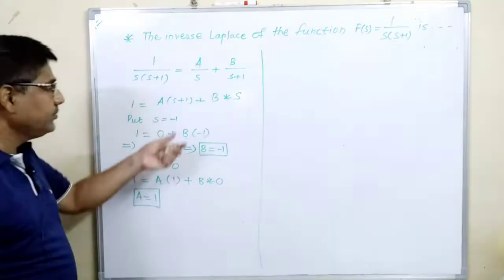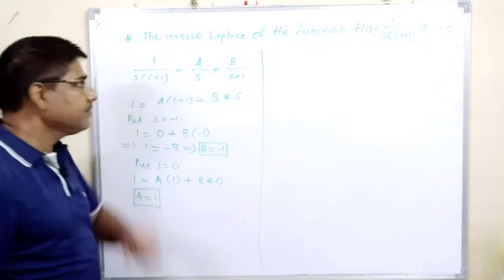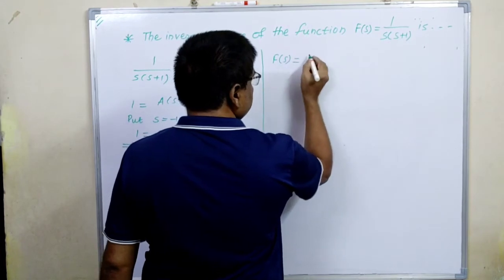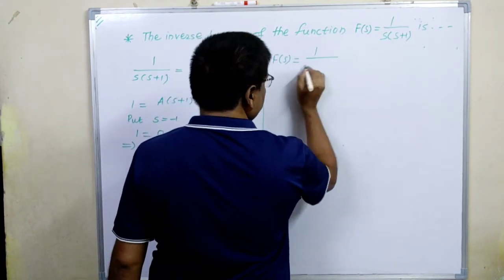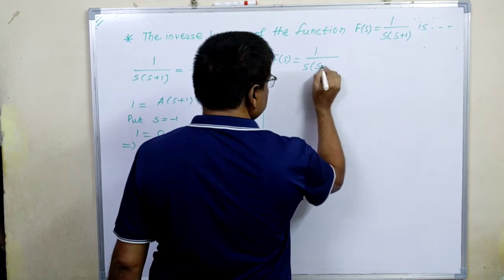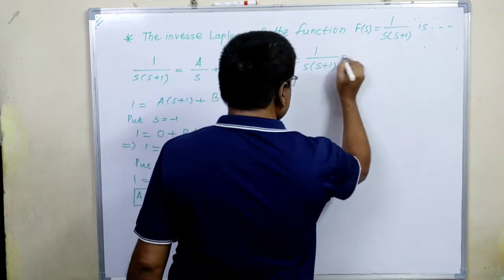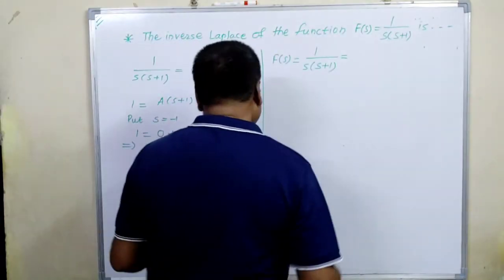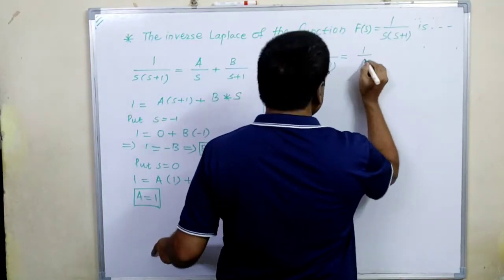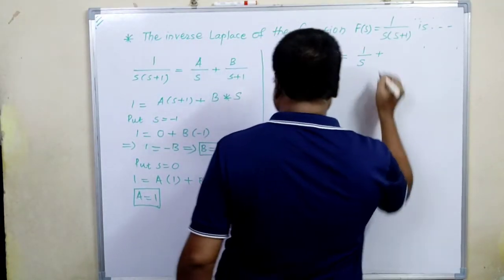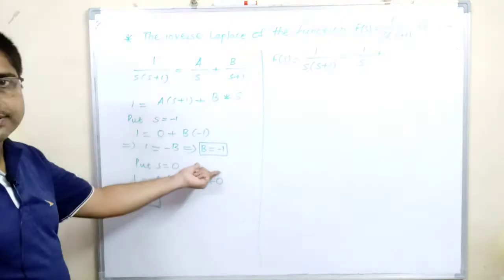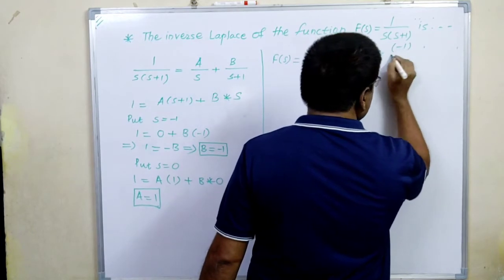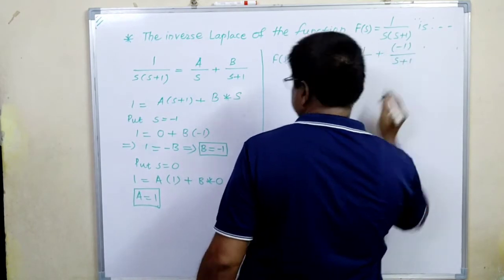Now let us substitute values of a and b here. The function is f(s) = 1/(s(s+1)) = a/s. The value of a is 1, so 1/s, plus the value of b is minus 1, so minus 1/(s+1).